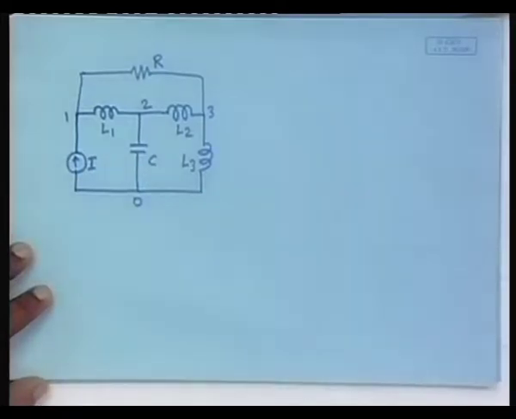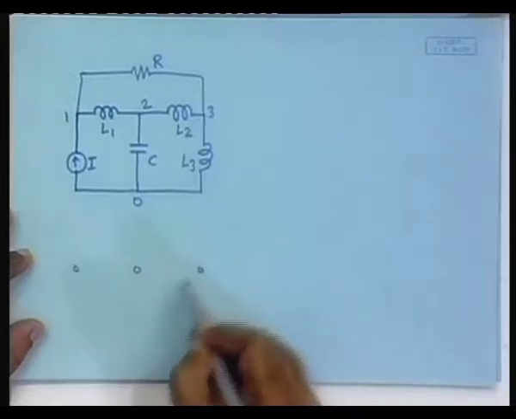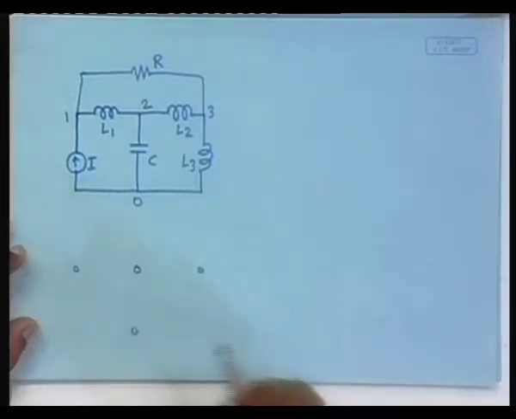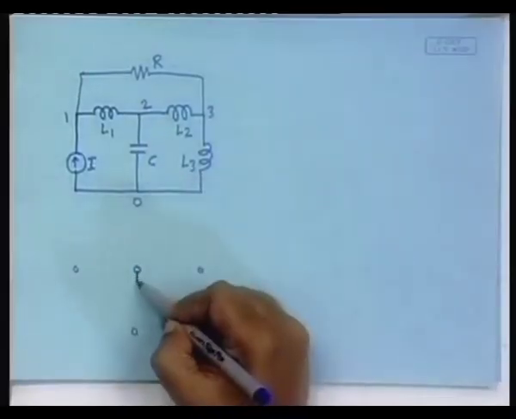So let us identify the branches. Again, when we start the business, we have to start by including all the voltage sources. There is no voltage source here, so we do not bother about it. Then we have to include all or the maximum number of capacitors. There is only one, so we start from here.